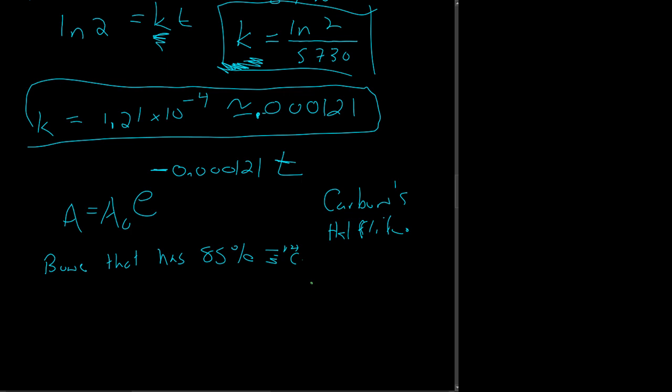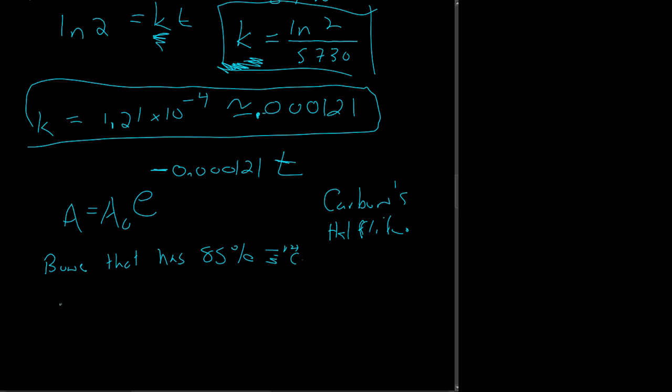You can determine the ratio of carbon-14 to carbon-12 in corn based off of the type of corn isotopes it has. There's a lot of things we can do looking at the different elements that we find in things. Well, once you die, you're not ingesting any more carbon-14. So all it is doing is decaying, leaving carbon-12 and other components behind. So if you have 85% carbon-14, we can figure out how old the bone is.